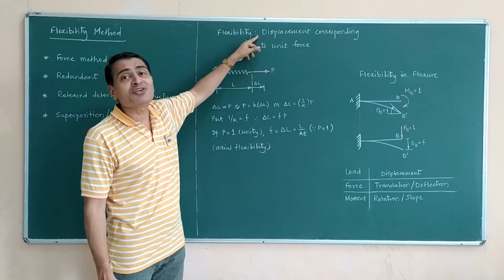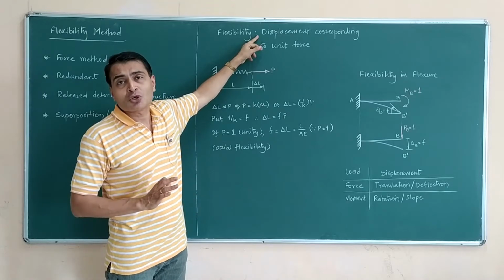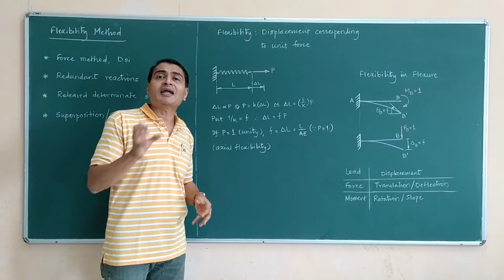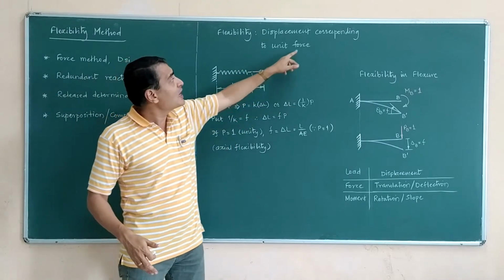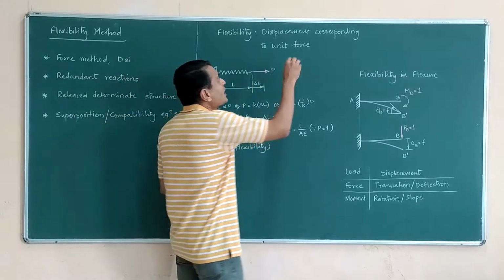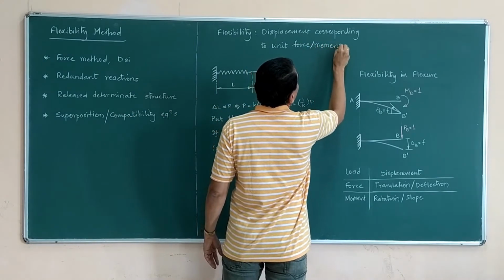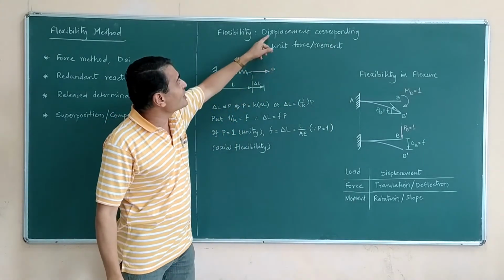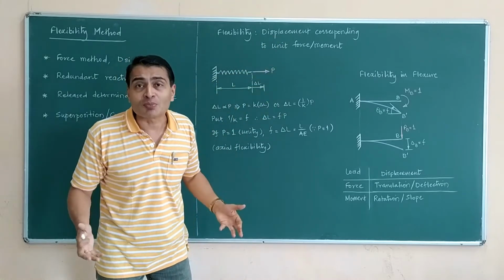I have written it is displacement corresponding to unit action. So in stiffness, our displacement is unit and corresponding action is stiffness. In flexibility, our applied action, when I say force, I of course mean to say even moment, in general, action. So it is displacement corresponding to unit action, that is flexibility.